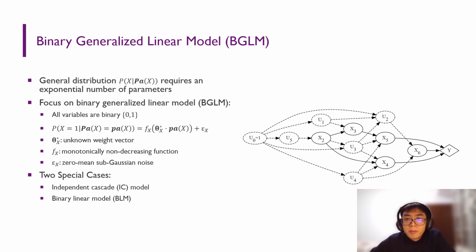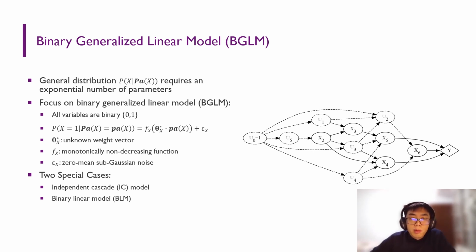In detail, theta_X star is the weight of all edges pointing to X, and f_X can be an exponential function, linear function, and many other functions. BGLM is similar to the general threshold model in the social network literature. When f_X is the exponential function, BGLM is equivalent to the independent cascade model.